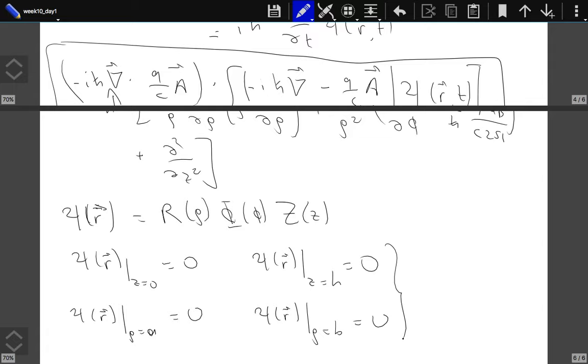And these conditions basically tell me that this function z evaluated at 0 should be equal to its value evaluated at h, and this should be 0. By the way, this h is the height. It's not the Planck's constant h. And this second set of conditions tells me that this function r evaluated at a should be equal to the function r evaluated at b, and it should also be 0.